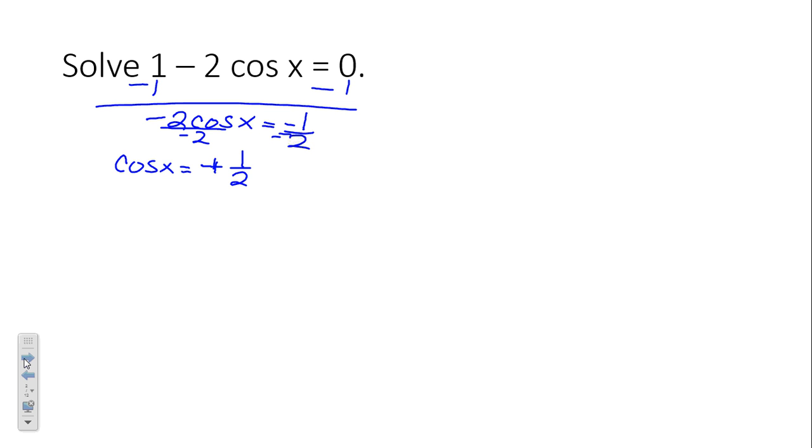So where's the cosine 1/2? Pi over, not pi over 6, pi over 3. It's a 60-degree angle. Cosine is 1/2 at a 60-degree angle, okay? Not just at pi over 3, but where else is cosine a positive 1/2?